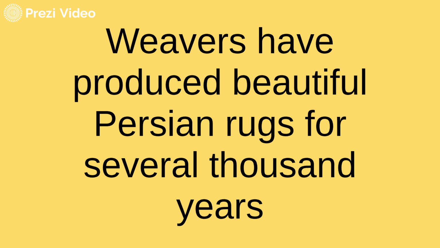Weavers have produced beautiful Persian rugs for several thousand years. This is active. If you change it into passive, you are going to say: Persian rugs have been produced by weavers for several thousand years.